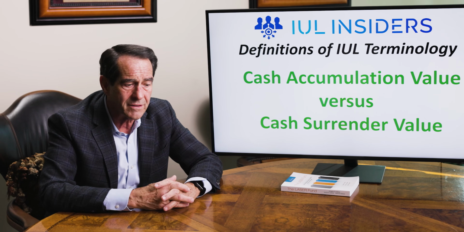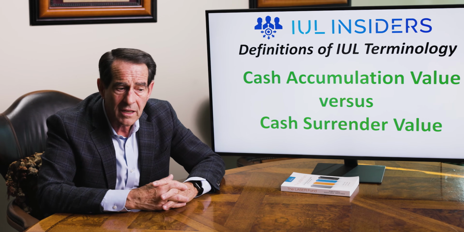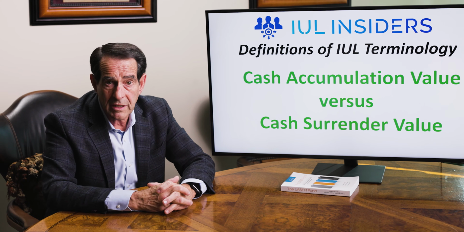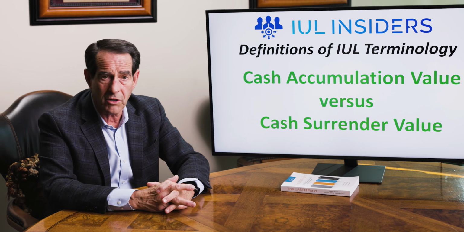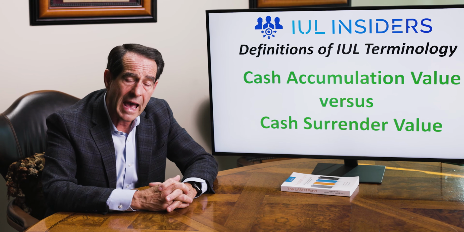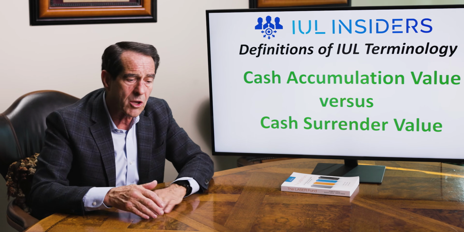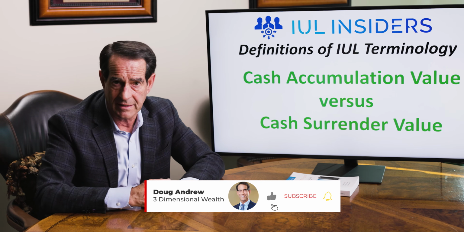If you cancel the policy and you surrender it, they're going to say, well, we had to cover our costs. We're in business to cover at least our costs, and they still would probably lose money, but they're saying, if you only put in $100,000 and you cancel after 1 year, you may only get $60,000 back because you're surrendering it early while you weren't even 20% funded in this thing.